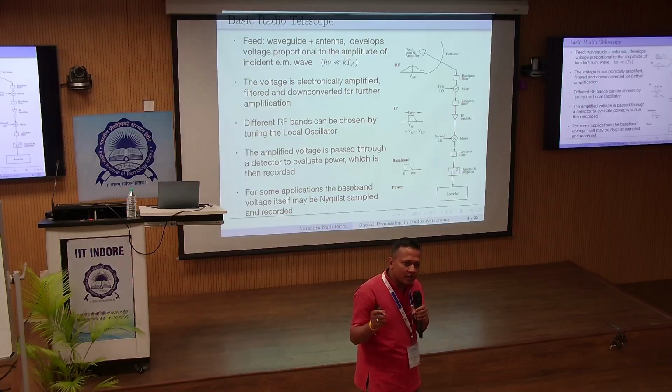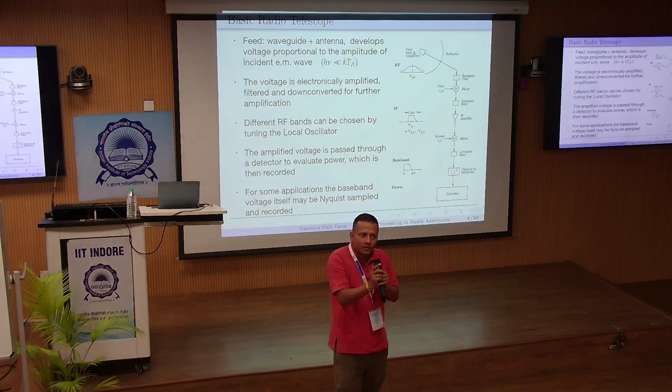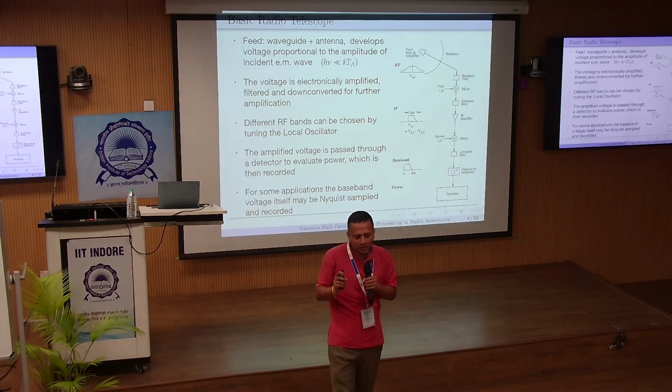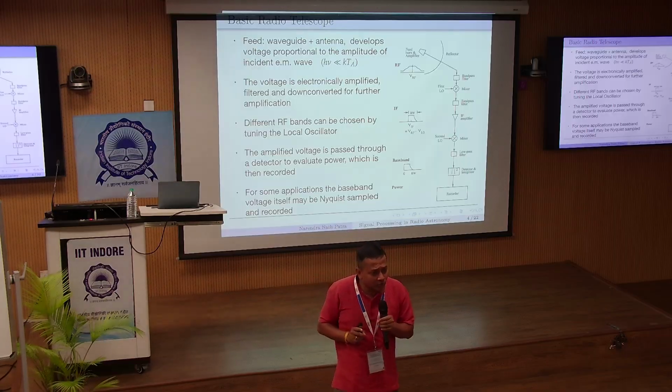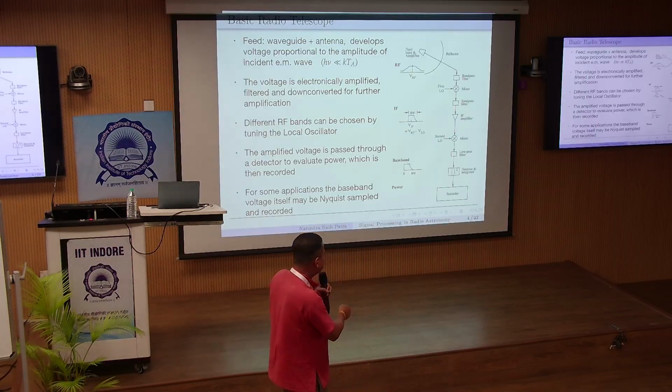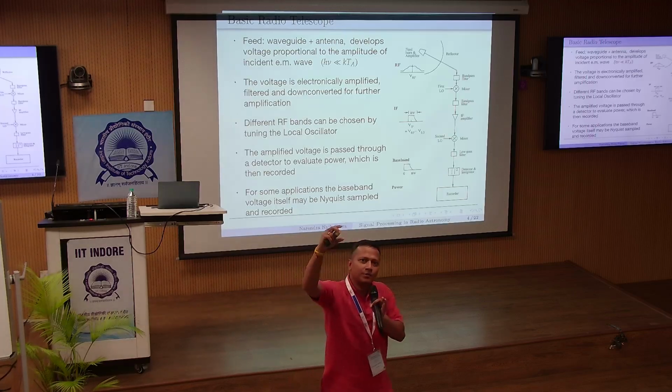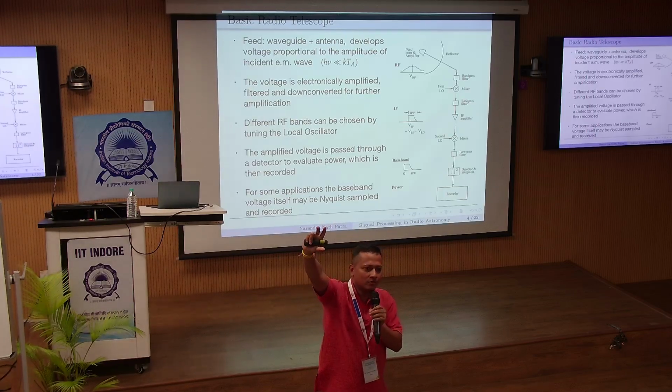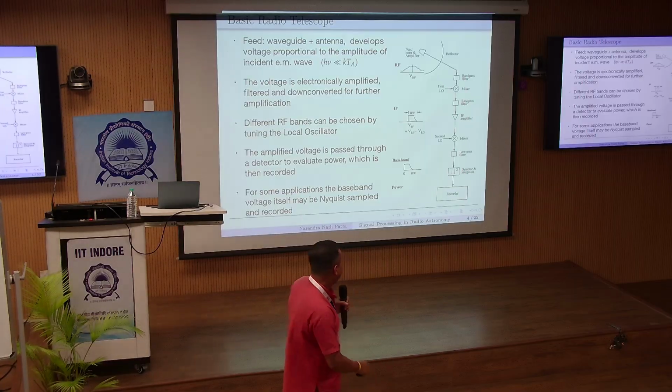If you look carefully at all telescopes, this part is called the feed, and there you will see a low noise amplifier sitting right next to it.